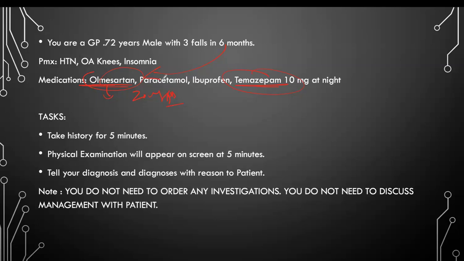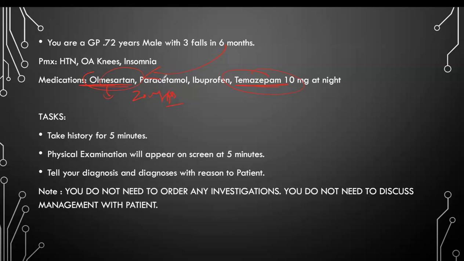On top of that, when they are elderly, their muscle tone is not really high. So for the blood to go straight from the lower extremity to the brain, it will take a little bit longer time than a normal healthy or young patient. So that's why this recurrent fall due to postural hypotension is more common in elderly patients than young patients.